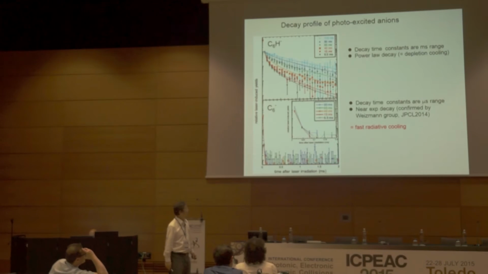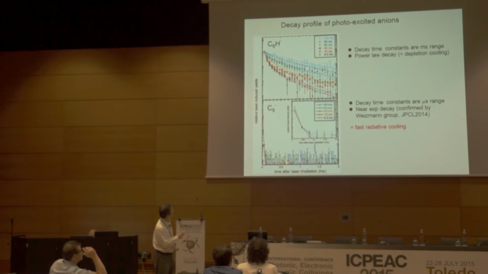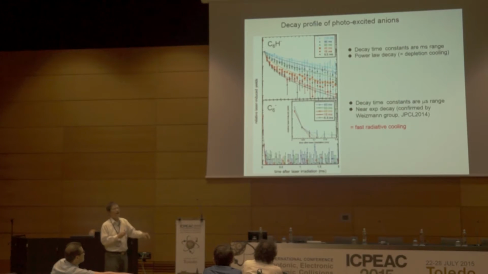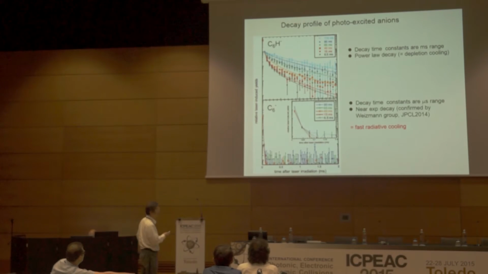Here you can see the polyene anion decay after the photoexcitation. It decays very slowly, and this is a sign of depression cooling. But you can see for C6 minus, it's very fast, so you don't actually see how fast it is.